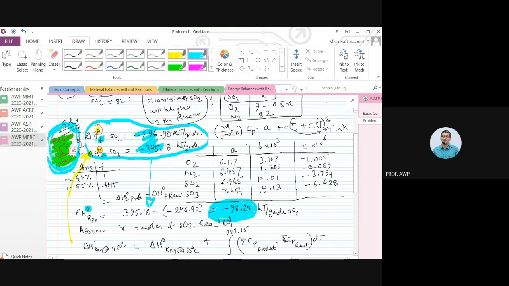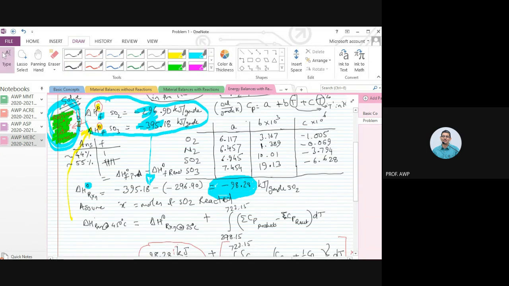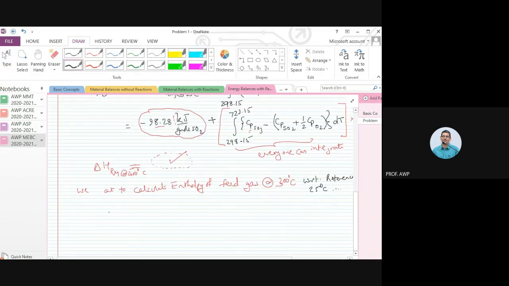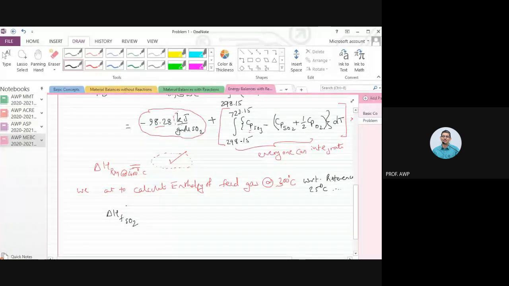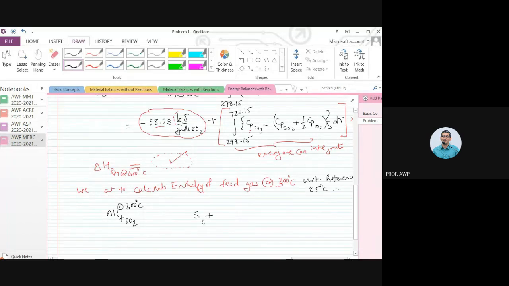Otherwise, I would have to give you delta H of formation of SO2 at 300 degrees centigrade. I would have to give you sulfur in the solid state plus oxygen in the gas state, giving you SO2 in the gas state.